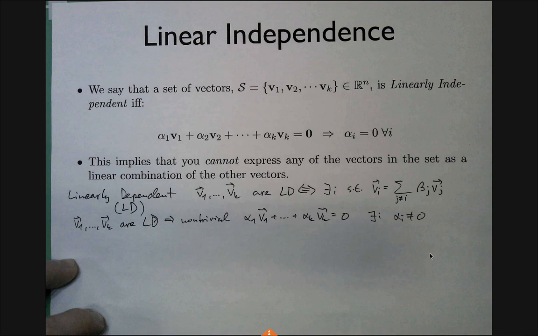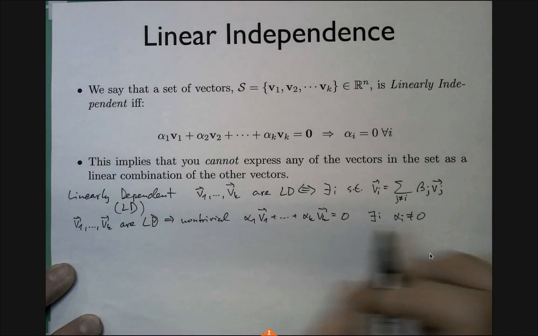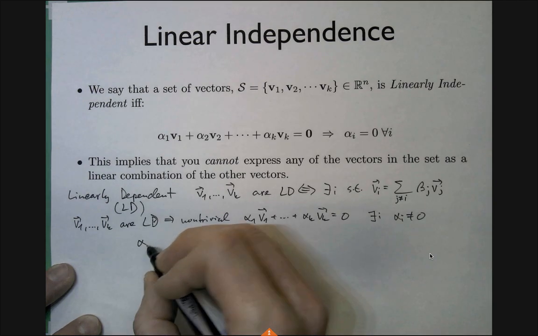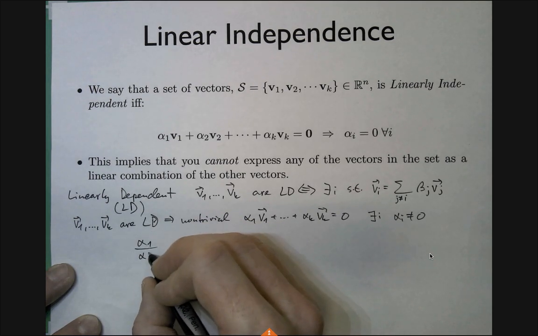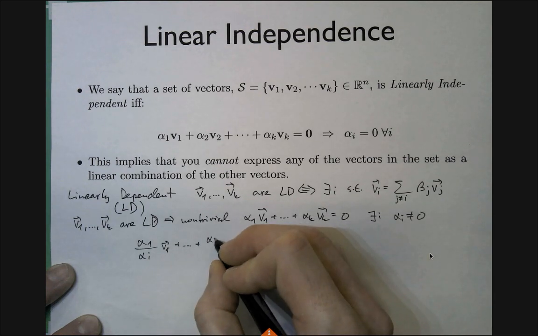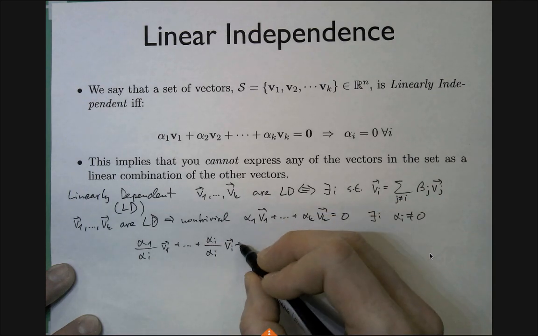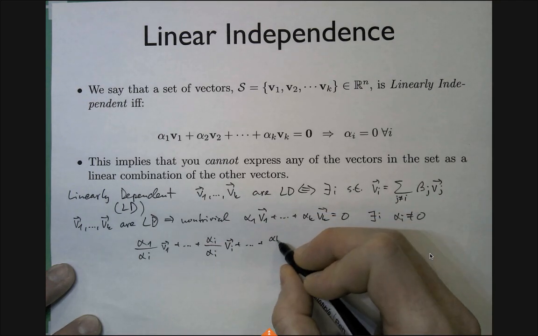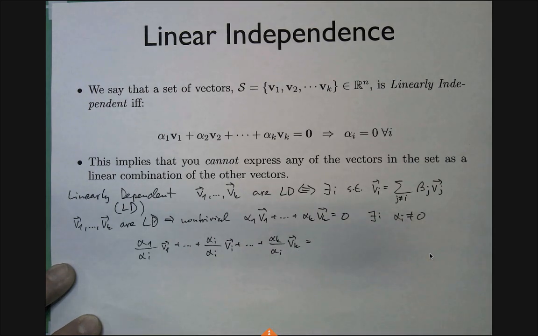So what I can do now is divide by alpha i. If I do this, I get alpha 1 divided by alpha i times v1, plus, somewhere here, alpha i divided by alpha i, which is 1, up to alpha k divided by alpha i times vk. Zero divided by alpha i stays 0, obviously.